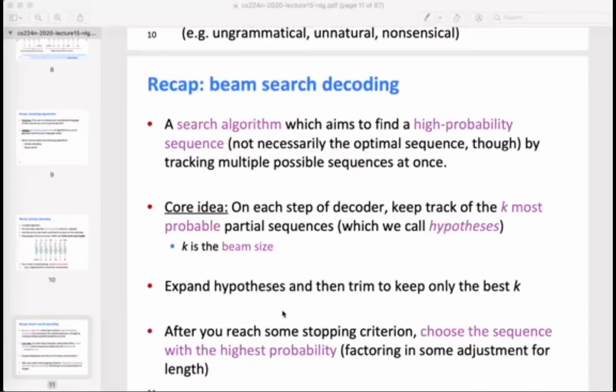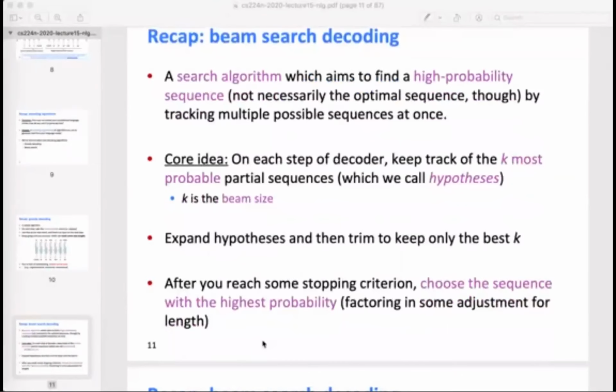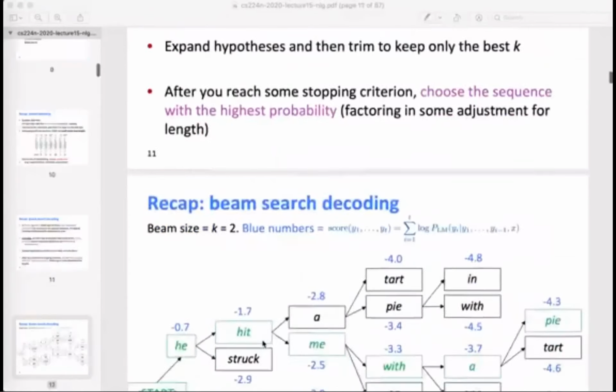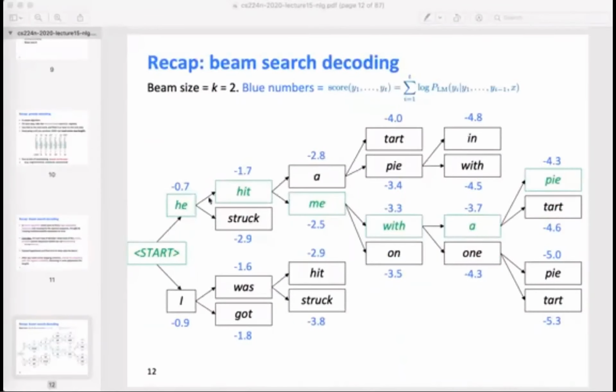So basically the decoder expands hypotheses and then trims to keep only the best k. And after you reach some stopping criterion, you choose the sequence with the highest probability. And that's factoring in some adjustments for length. Let's take a look at this example. So here we have a beam size of k equals 2. Here, you can see that the decoder is keeping track of "hit" and "was", which have the higher probabilities.